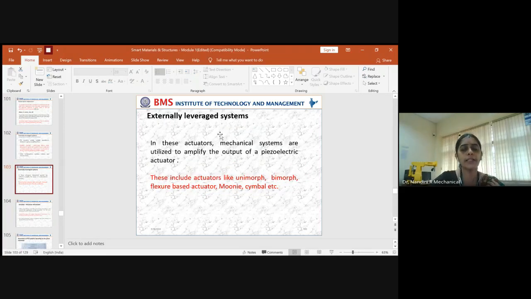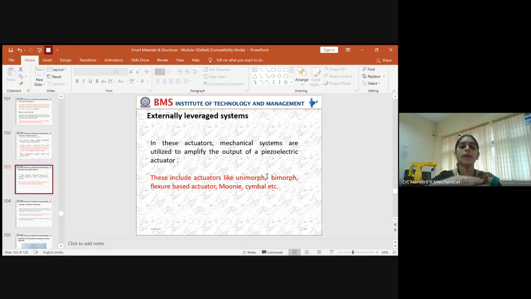Similarly, you have external leverage systems. As the name itself suggests, the external leverage system is used for a particular specific application. You will have Unimorph and Bimorph piezoelectric materials, which are very commonly called that. Many journals are there related to Unimorph piezoelectric material and Bimorph piezoelectric material. What are these?